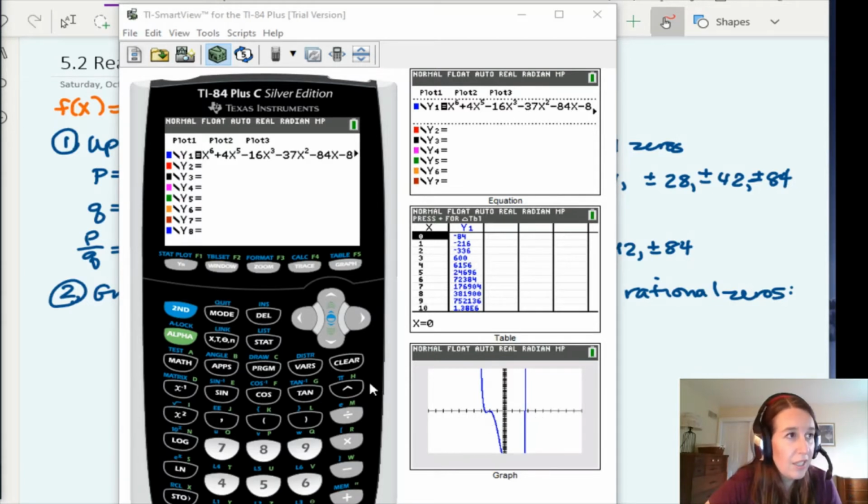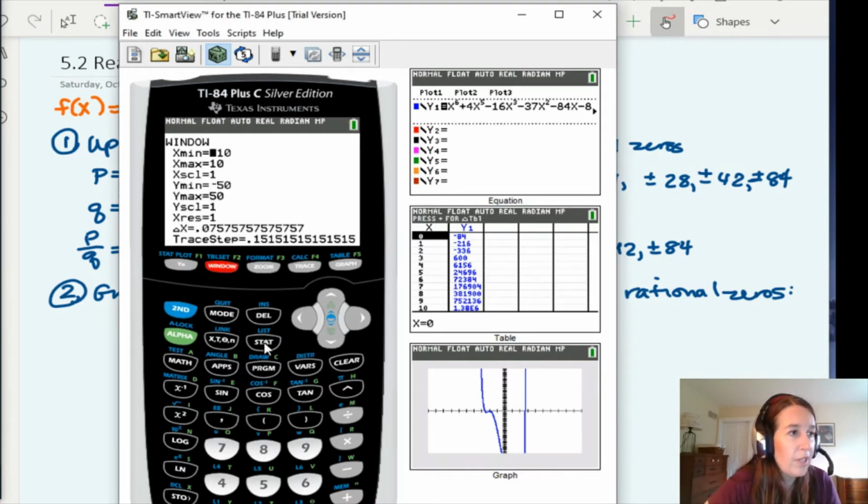And what I'm seeing on the x-axis is making me wonder if I need to tighten the window a little bit so I can see. I think it's going through negative 2, and it looks like the other things are fractions or really irrational numbers, probably not fractions. So I'm going to go to window, and I'm going to tighten this up a little bit.